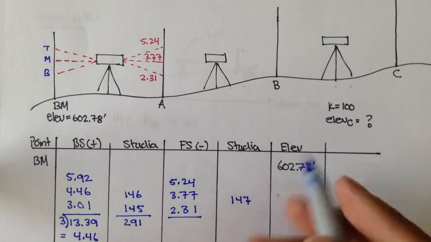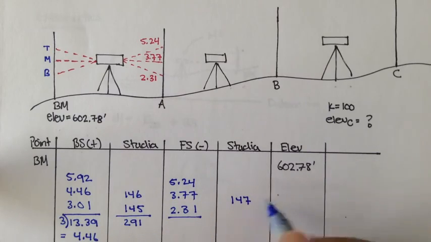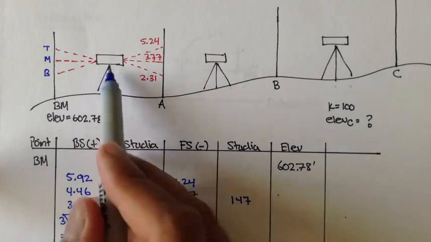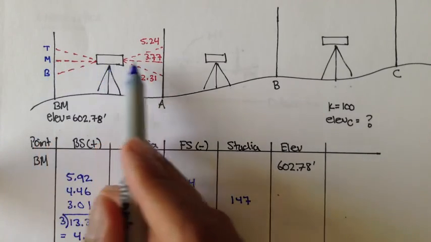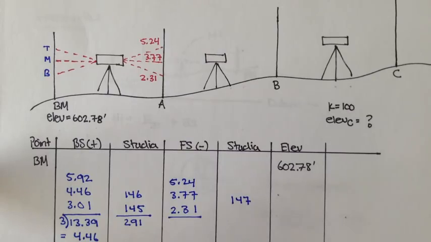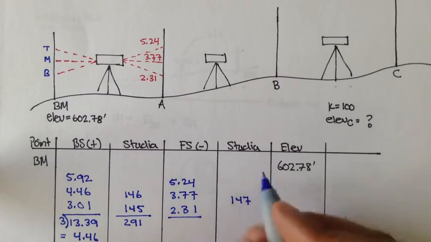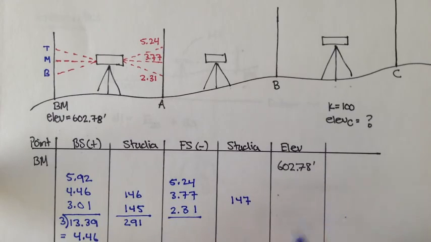And really you're just checking your horizontal distances, making sure your stadias are the same, and making sure your horizontal distance from the instrument to the backsight and the instrument to the foresight is somewhat the same. Now our middle minus the bottom, or 3.77 minus 2.31, is 1.46. Multiply that by 100, you get 146. Let's add these together. You get 293.